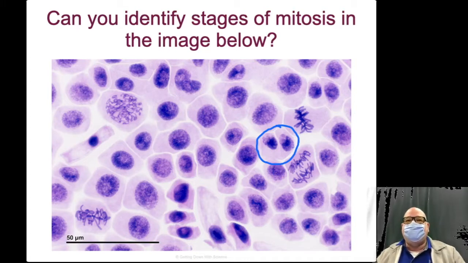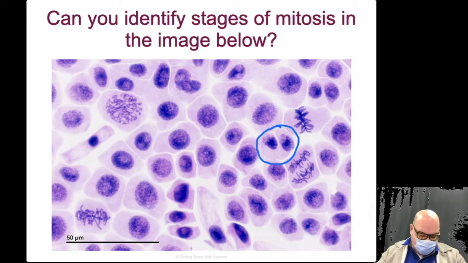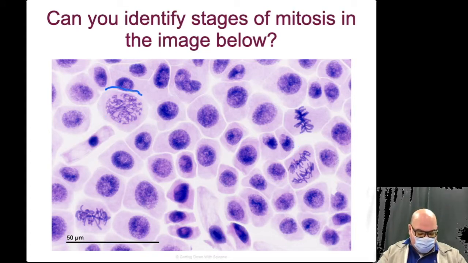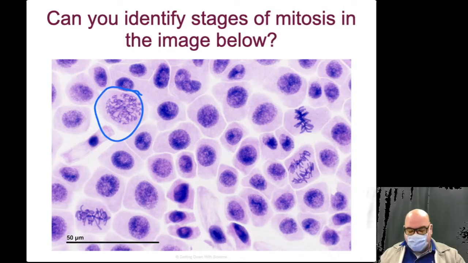They're going into the, but both happen simultaneously, okay? What would you say this one right here is? I thought I heard a prophase out there, and that would be right.